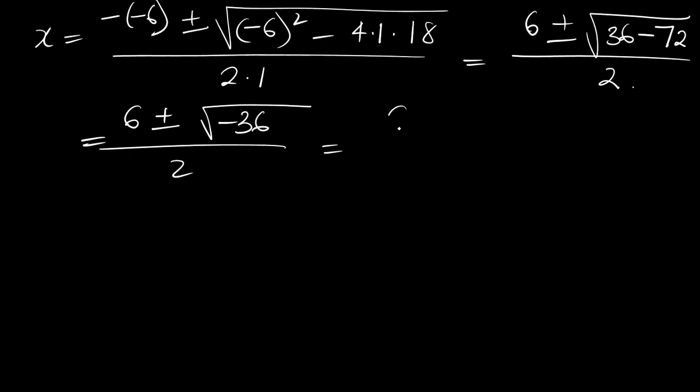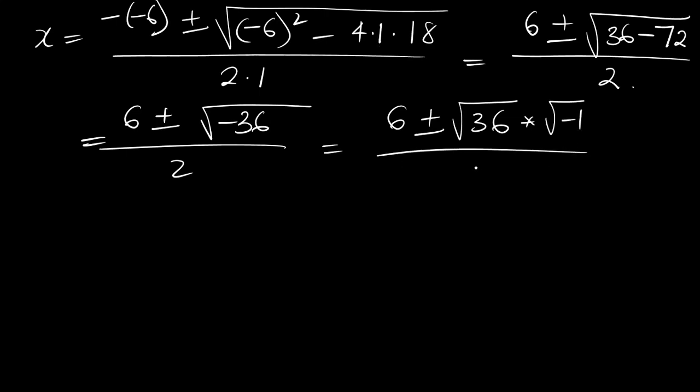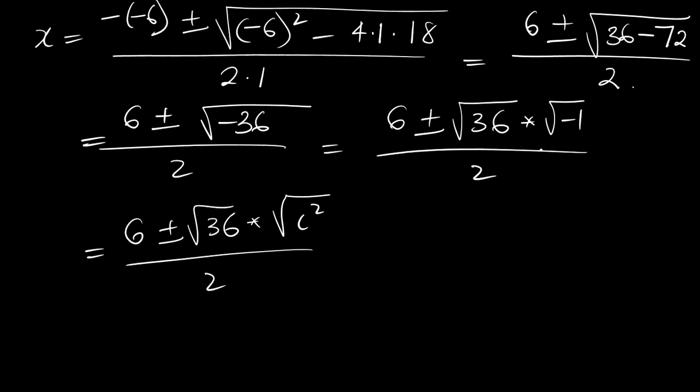So this is something like 6 plus or minus the square root of 36 times the square root of minus 1, all over 2. So you have 6 plus or minus the square root of 36 times the square root of i squared, all over 2, because i squared is equal to minus 1.